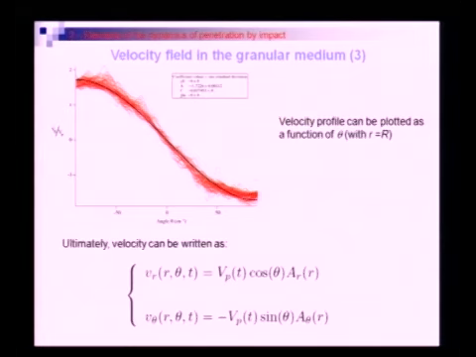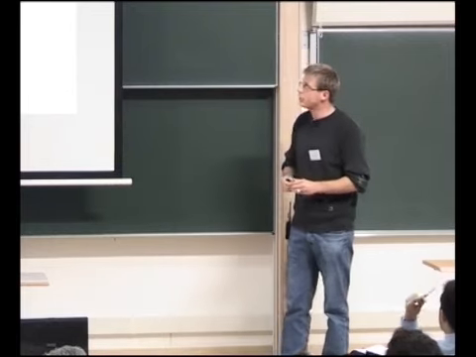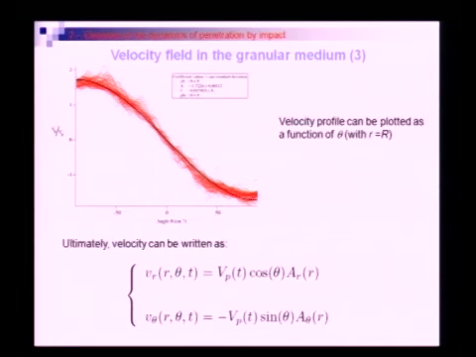We're going to normalize this plot by the velocity of the projectile at that time t. Then we do that for all times t, and we see that all the curves can be put on that curve. And that curve seems to be a sinus.